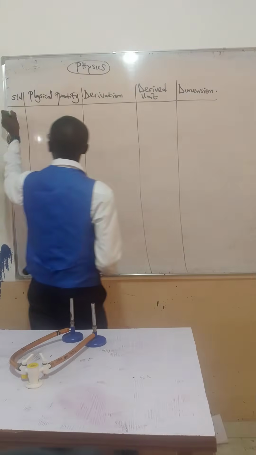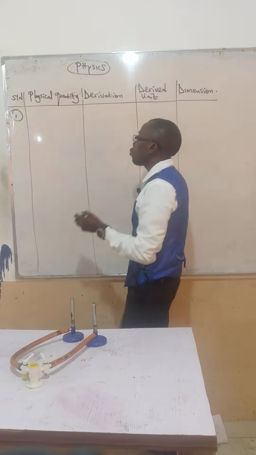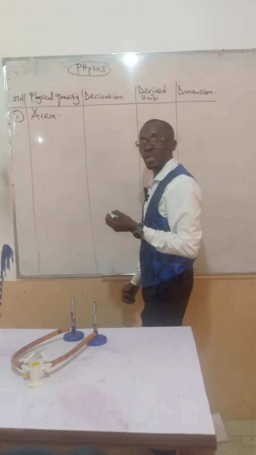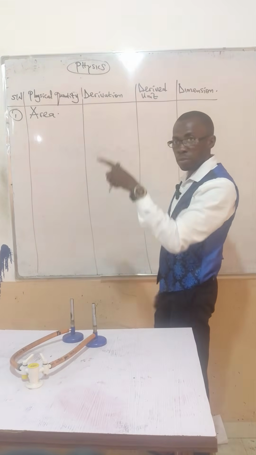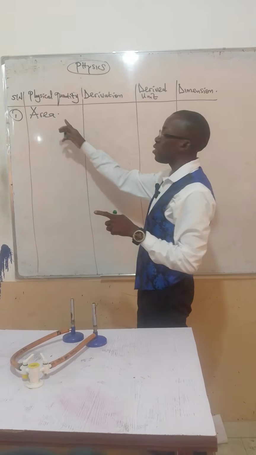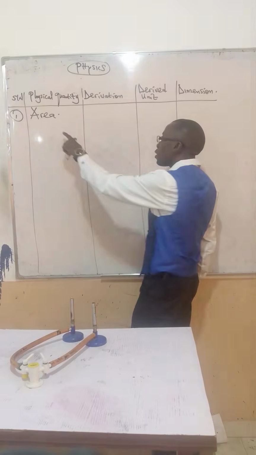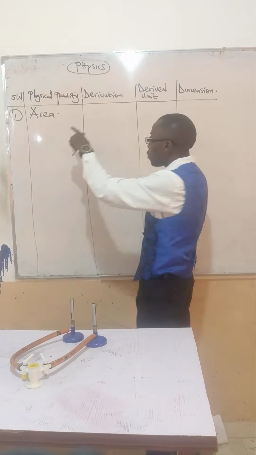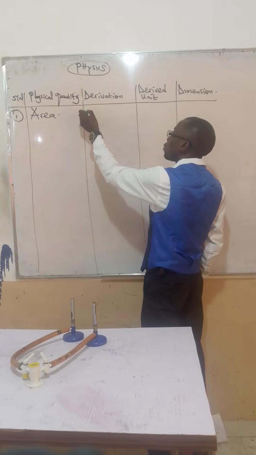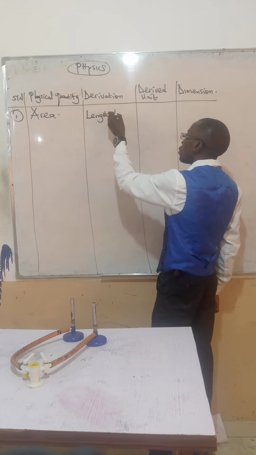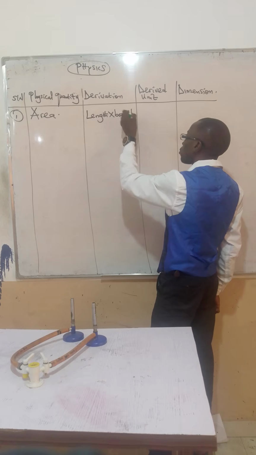Okay, the first one we can pick here, let's pick for instance, area. Area is a derived quantity, so any unit you have from a derived quantity is called a derived unit. Area mathematically is length multiplied by breadth.